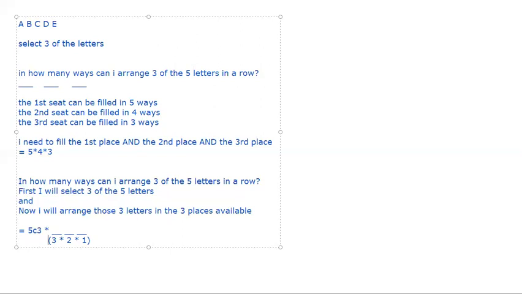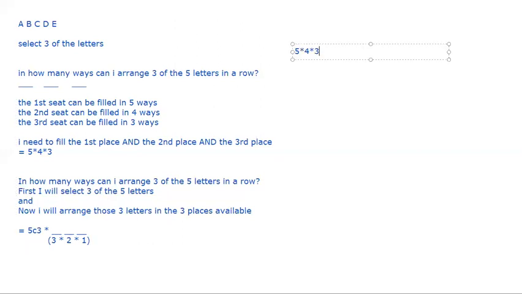Number of ways of filling up the first place, the second place, and the third place, once we already have 3 letters with us. So what I am basically saying is that the previous value 5 times 4 times 3 is the same as 5C3 times 3 times 2 times 1, isn't it? Because both of them are the same answer. This answer and this answer are the same.